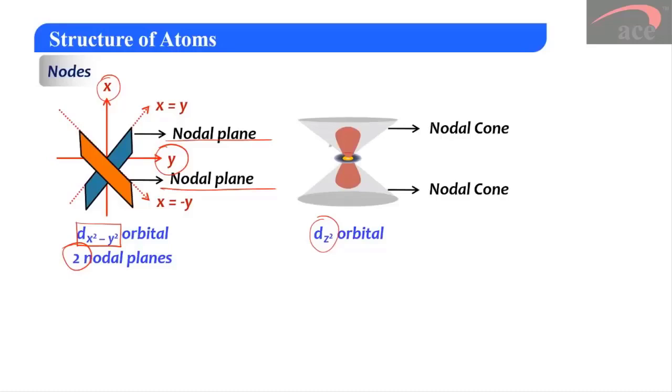At this area, the electron density will be 0. So there will be 2 nodal cones. So out of these 5 orbitals, 2 orbitals are lying along the axis and 3 orbitals are lying in between the axes. Again, 2 nodal planes, or 2 nodal cones for dz square.